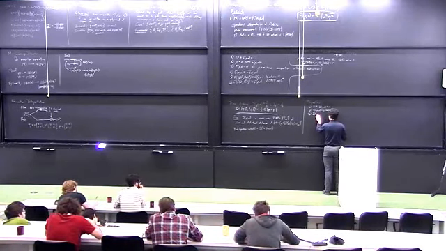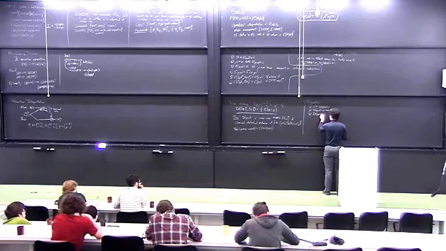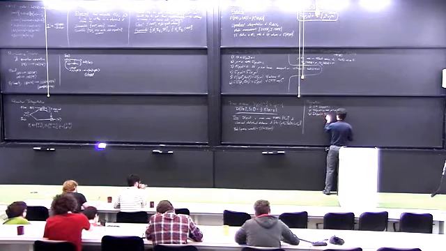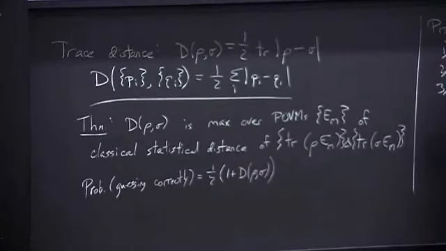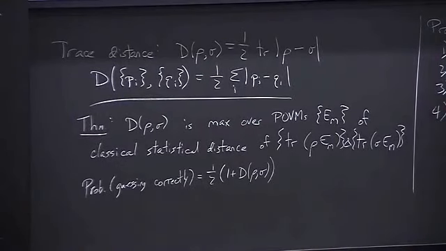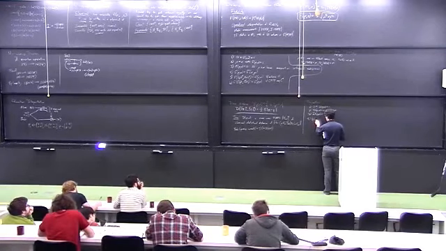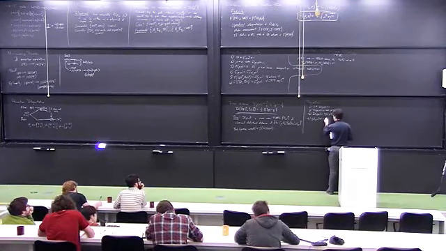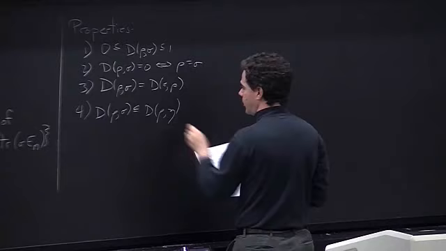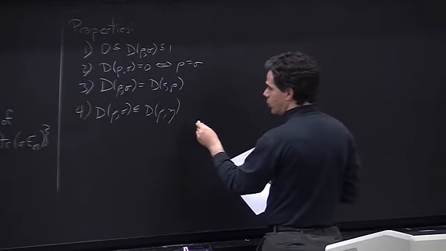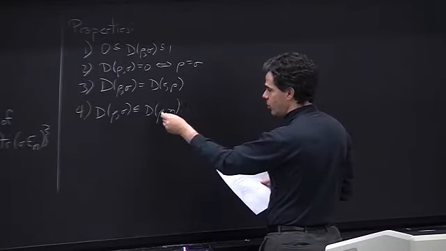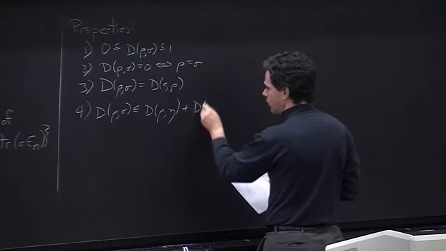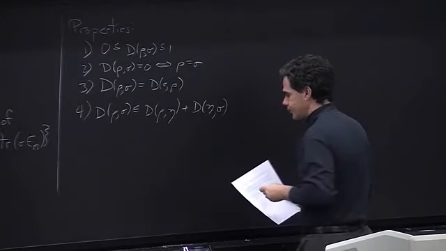It's symmetric. So the trace distance satisfies the triangle inequality, which makes it an actual distance measure. So if we have some third density matrix eta, then the distance between rho and sigma is less than or equal to the distance between rho and eta plus the distance between eta and sigma.